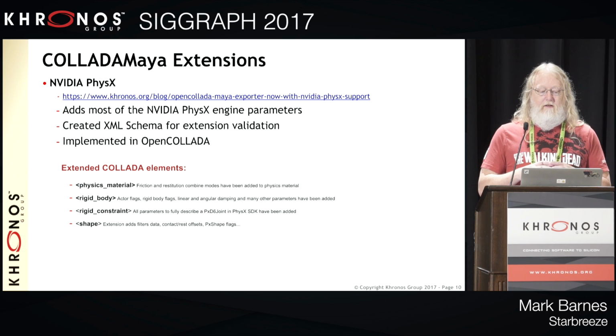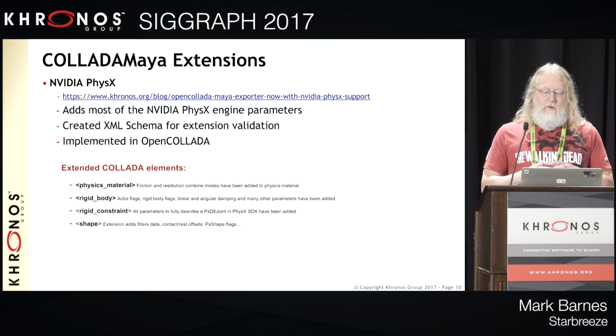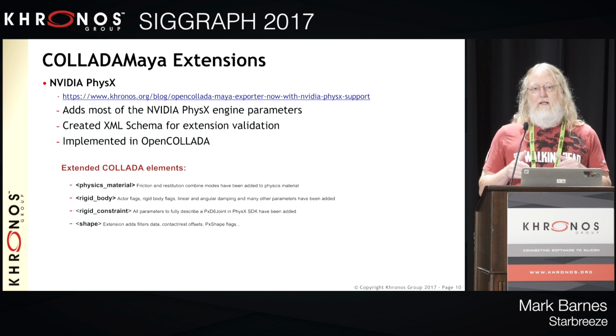I invite you to go look at the link and follow the information there. But we find that that's a lot more featureful than just using the base Collada physics, and it brings in all the new parameters from the last few evolutions of PhysX itself.